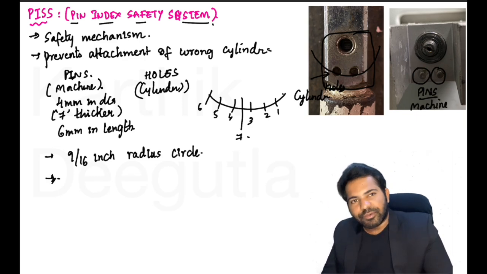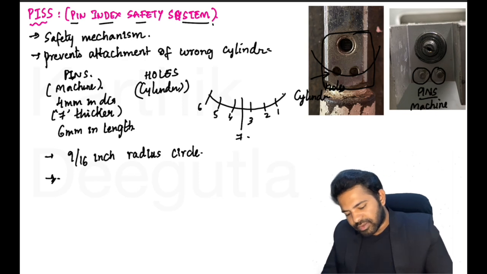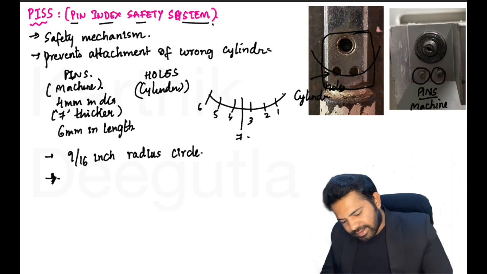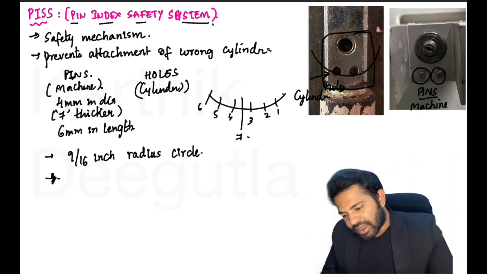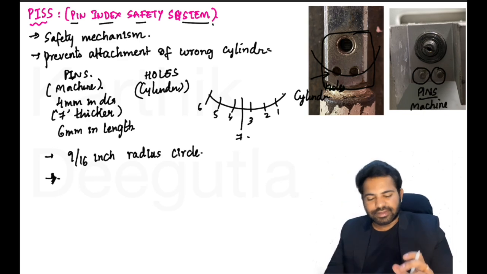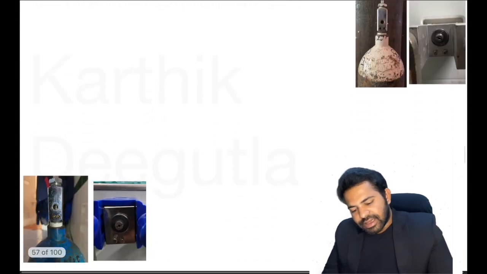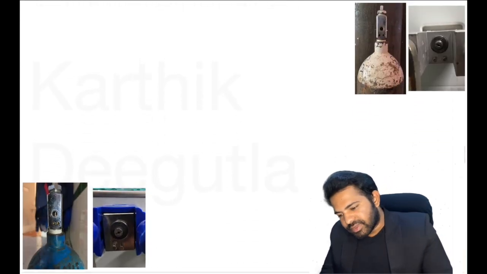One cylinder won't be fitted into the holes of the other gas. Most importantly, we have to know the pin index number of each gas. This question was frequently asked in your exam.